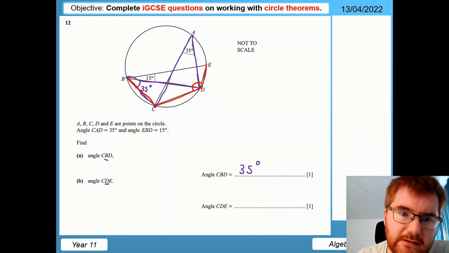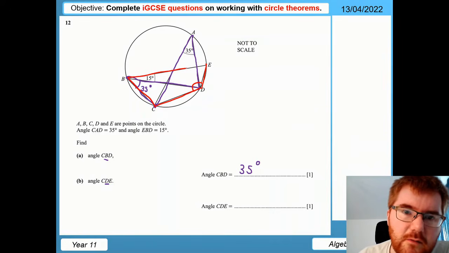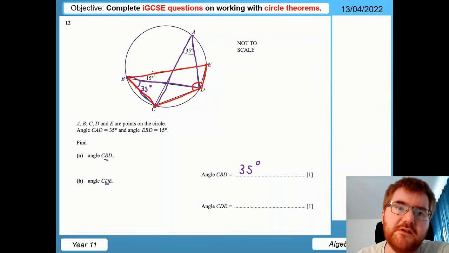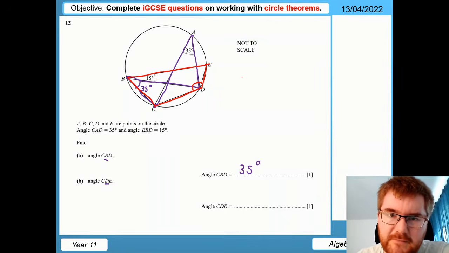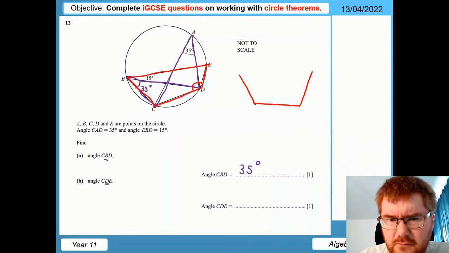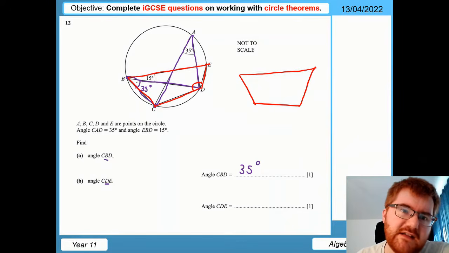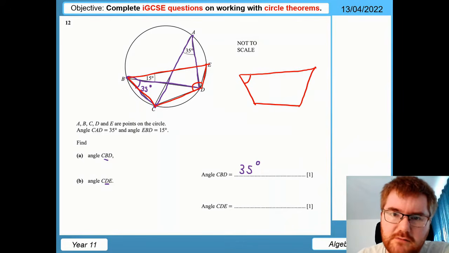There's a little twist on this question compared to what we looked at before. Again, I'm going to draw in the cyclic quad so you can see what's going on. But notice we actually want the combined angle here and here together. So if I draw this out slightly separately, just so you can see a little bit more clearly exactly what's going on, we're focusing on this shape where this angle together is equal to 50 degrees. And we're looking for the angle opposite.